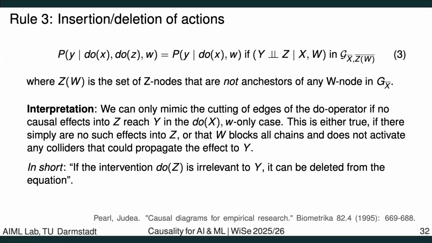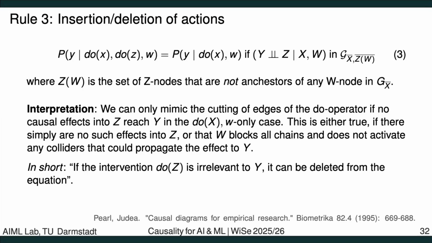ancestors of W. So again, the idea is that we need to make sure that if we delete this do operator there is basically no causal effect traveling through set, and that removing this has no effect on the quantity we are trying to derive. So there are basically two cases.